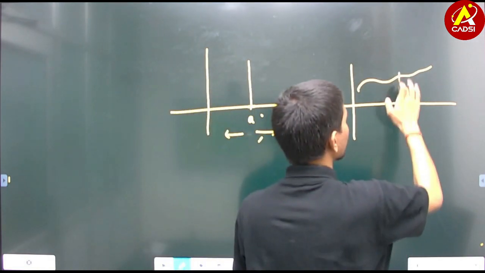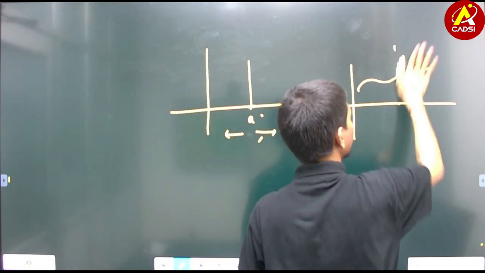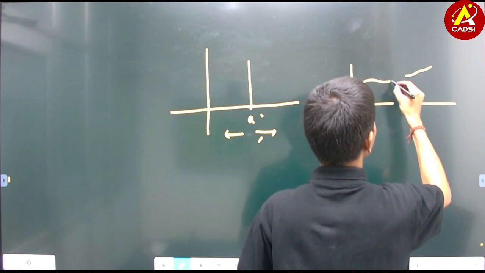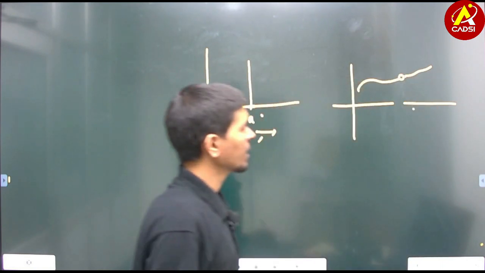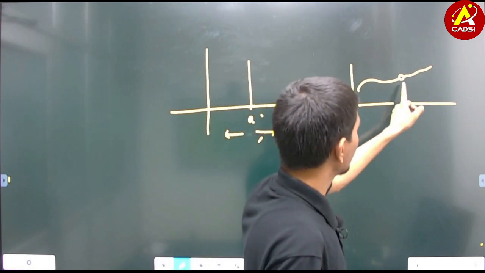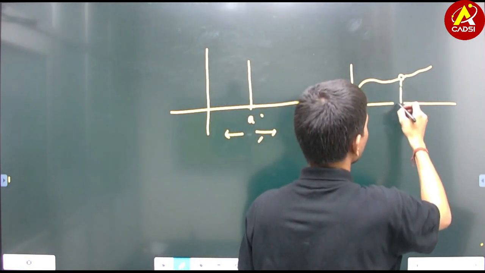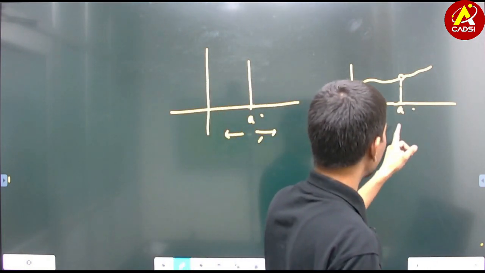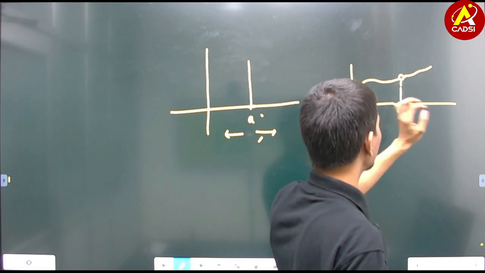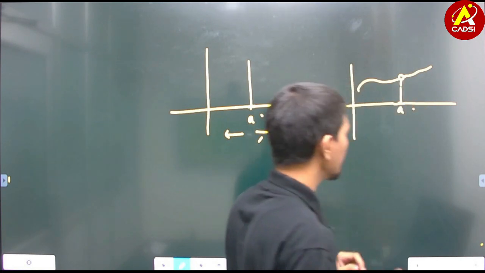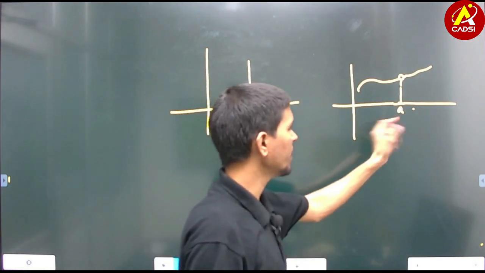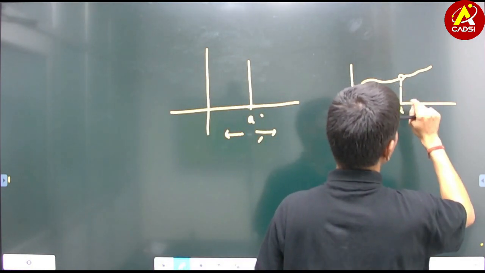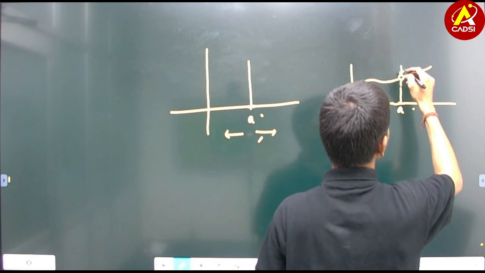But if we see the graph of this function here, we don't know the value of the function at the particular point a. Then we can say that the function is discontinuous at point a, because the function is not moving continuously, as you can see.